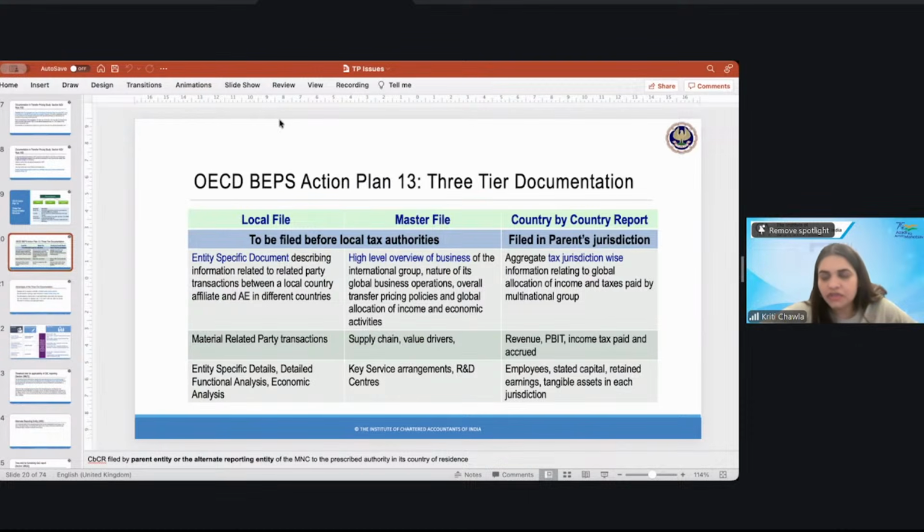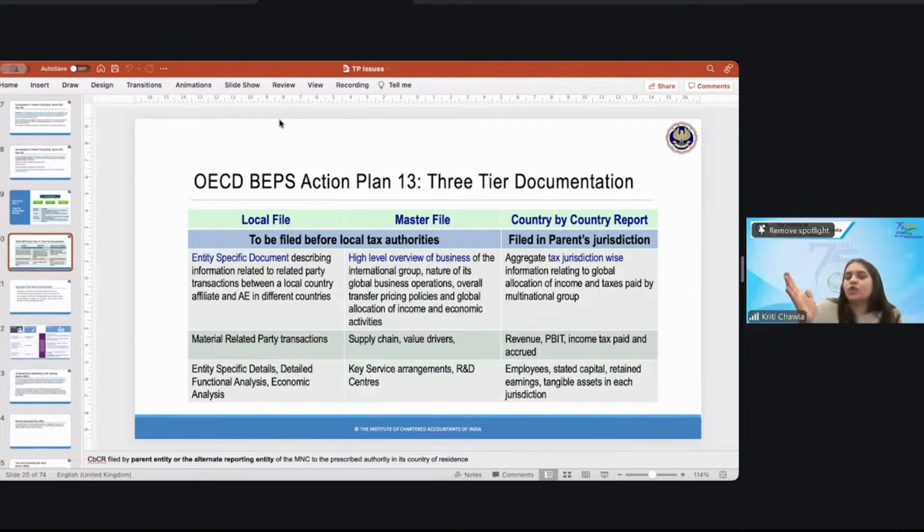Well, if you look at it from CbCR's perspective, yes, what you've actually written is all true, but how is it actually happening? Well, when they actually file the CbCR in India, do you think they can actually relate the entire thing to the local file out there? So let's say the CbCR in India actually says that for the purposes of China, this is the revenue in China, and these are the employees that you have in China.